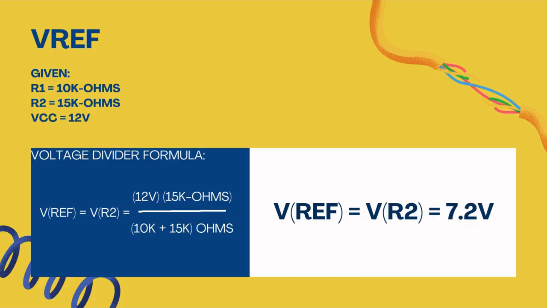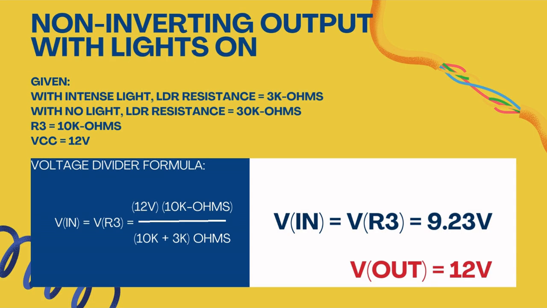With this in mind, we will now determine the output when the lights are on and when the lights are off. So when the lights are on, the non-inverting input is greater than the reference voltage. That is why the output is ideally 12 volts because the VCC is equal to 12 volts.